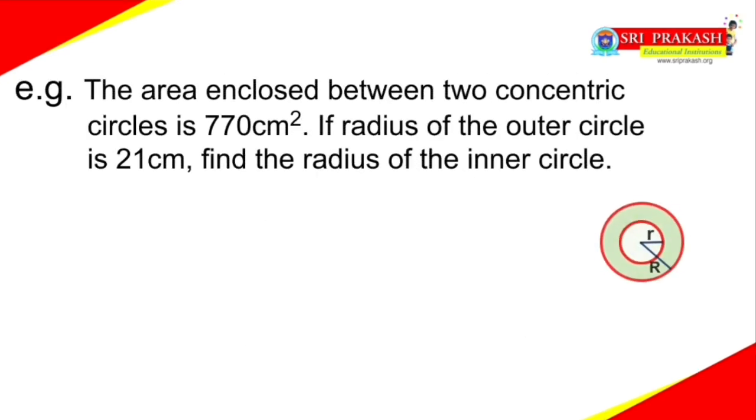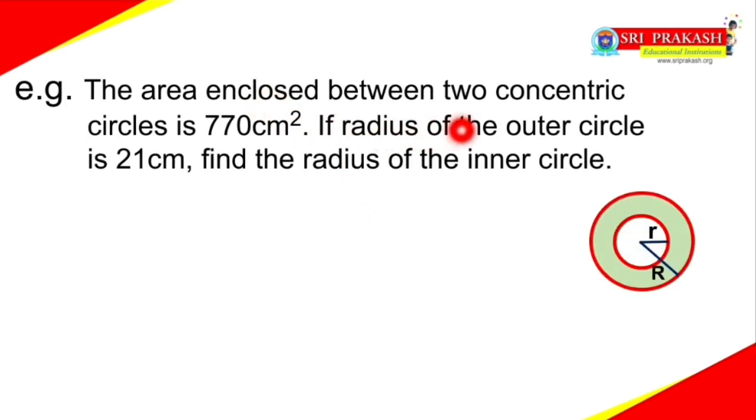Next, the area enclosed between two concentric circles is 770 centimeters square. If the radius of the outer circle is 21 centimeters, find the radius of the inner circle. Children, in this problem, the area enclosed between two circles is equal to the area of a ring.